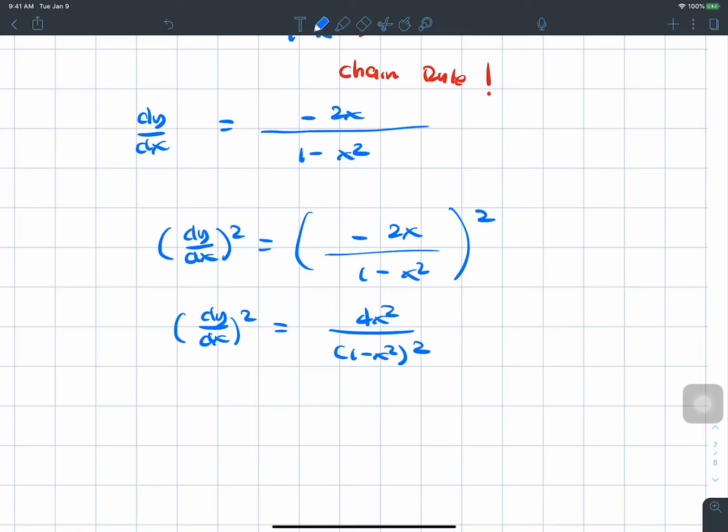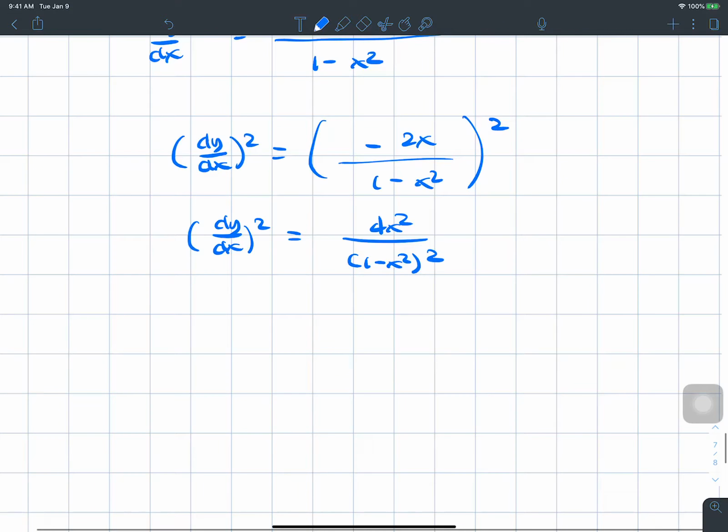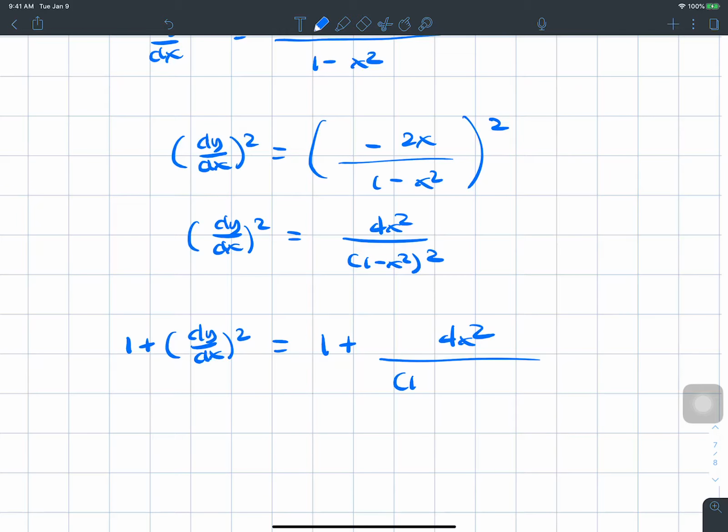Yeah, that looks okay. Looks like we're on the right track. All right, we need 1 plus (dy/dx) squared, which is 1 plus 4x squared over 1 minus x squared squared.